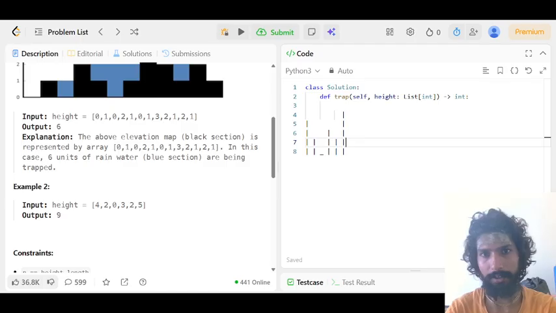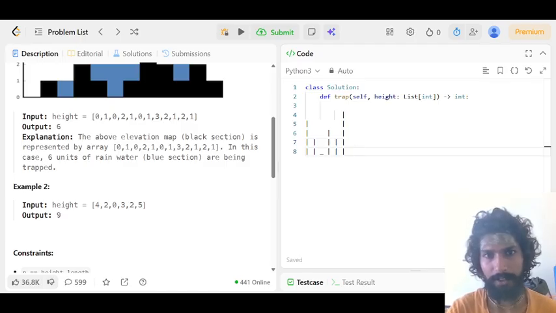So if rainfall comes, if rain happens, then how much water can be stored in this? So water will cover only till here, and this will also be filled. This portion will also be filled.